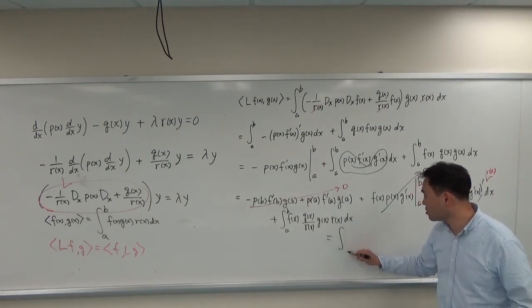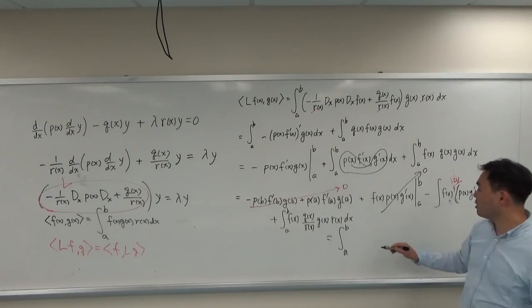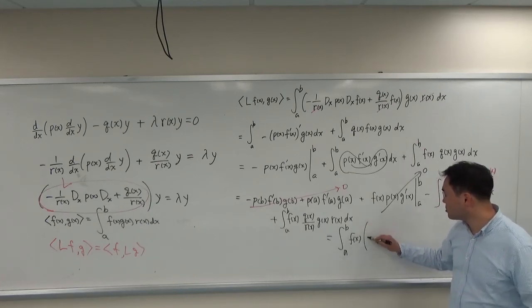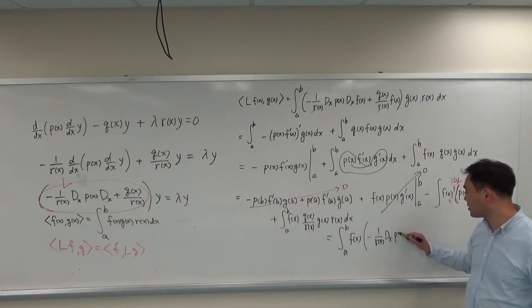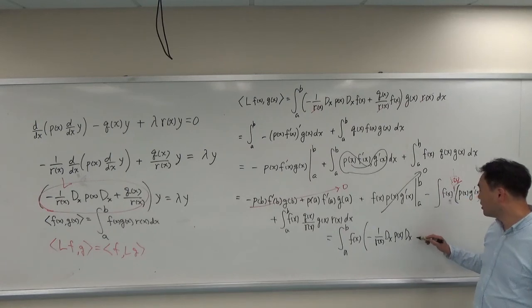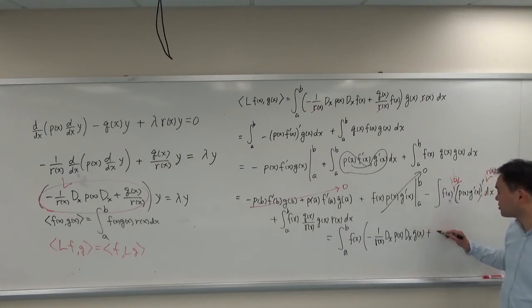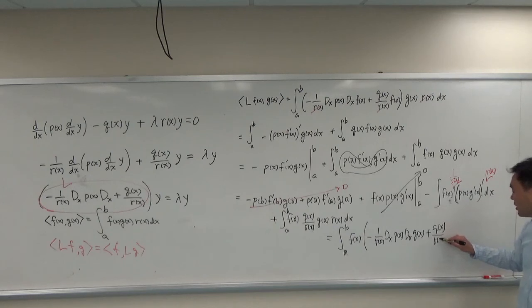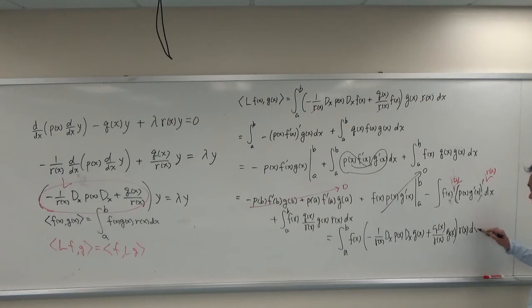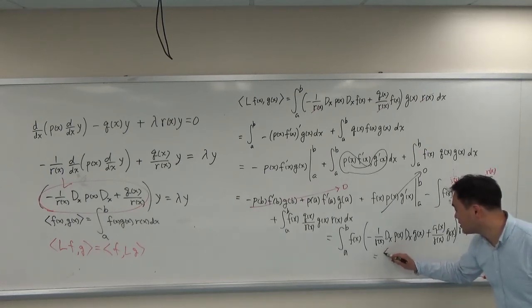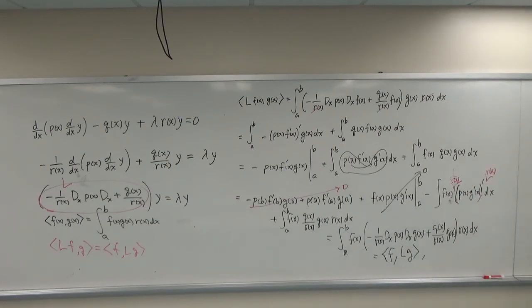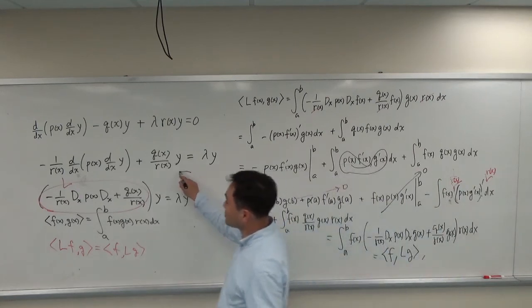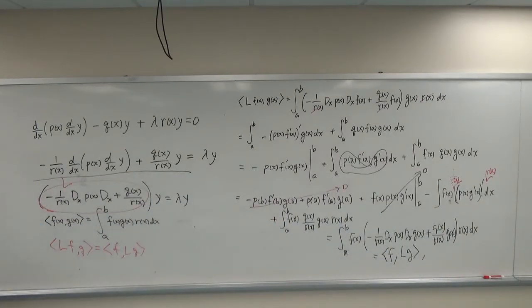We get the integral from a to b of f(x) times negative 1 over r(x) d/dx of p(x) d/dx of g(x) plus q(x) over r(x) g(x), times r(x) dx, which is exactly f, L g. So we're done.